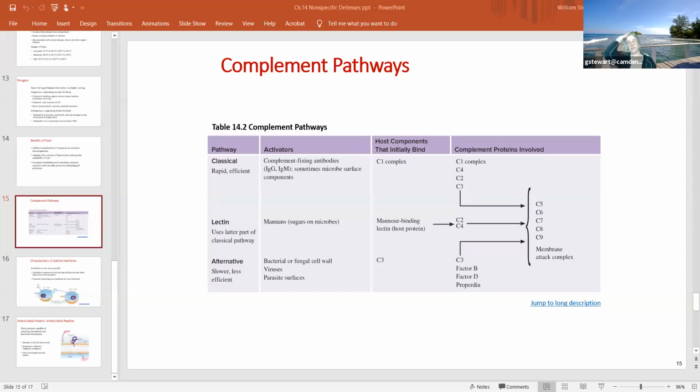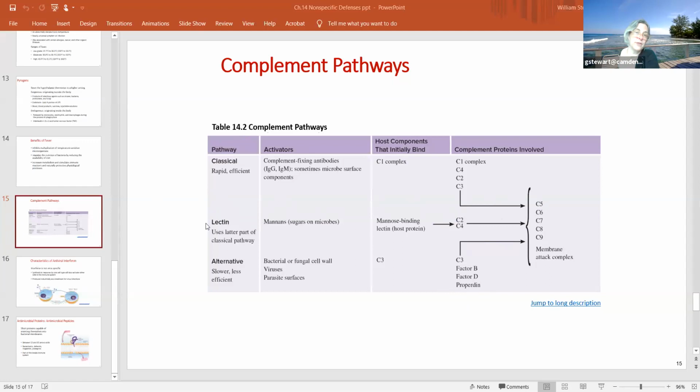All right, so let me go back to this. So this was the slide, doesn't have the picture in it, but this is the slide that will help you with the different pathways, what turns them on, and then what happens. Remember, the outcomes are all the same. Here they've given you the full names of some of those factors.